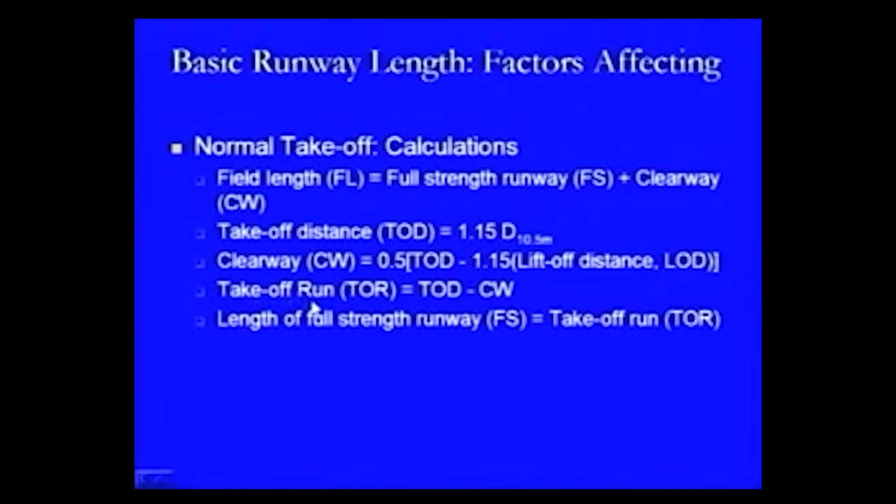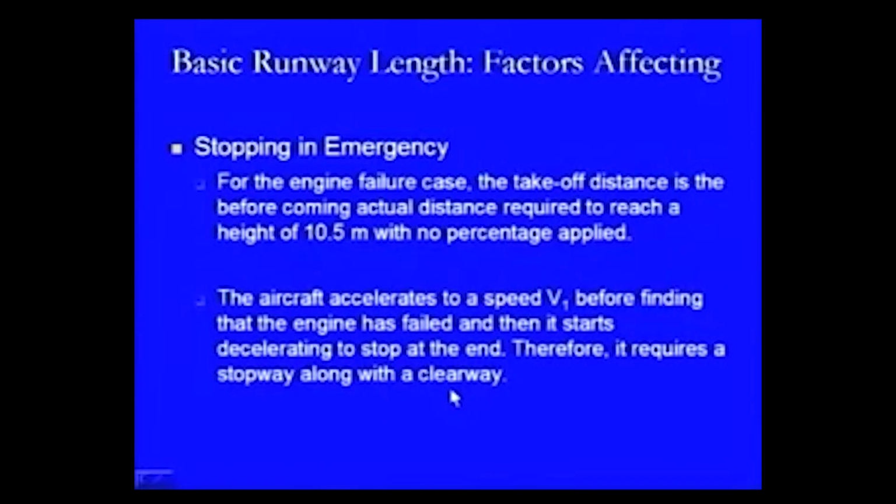The takeoff run will be the takeoff distance minus the clearway length, and the length of the full strength runway is again the same, equal to the takeoff run. That is how the various values can be computed for the normal takeoff condition.